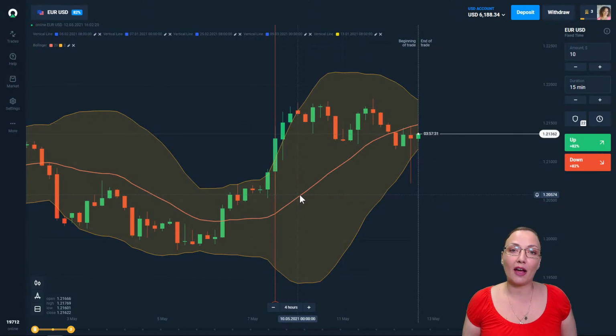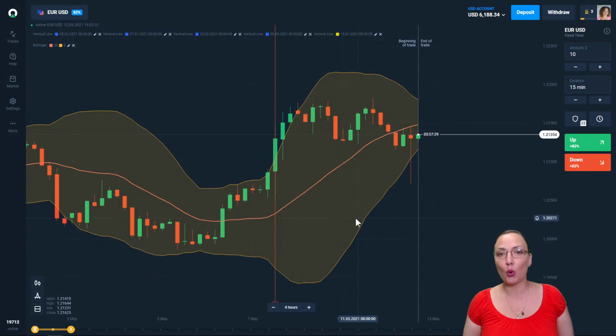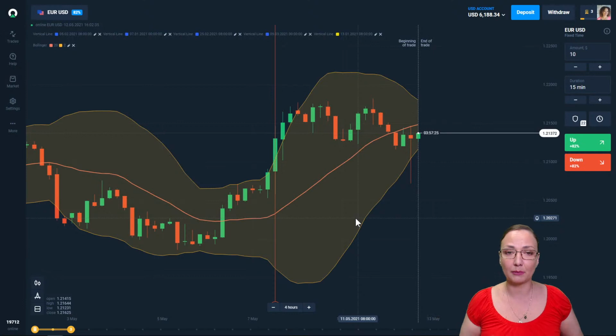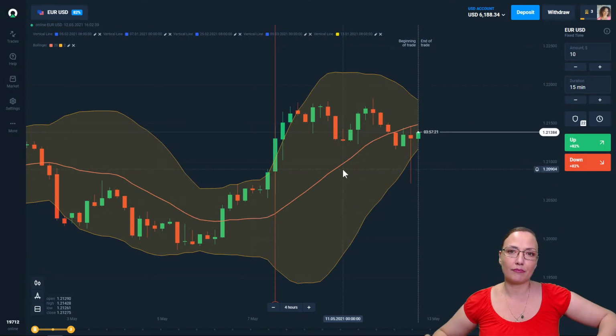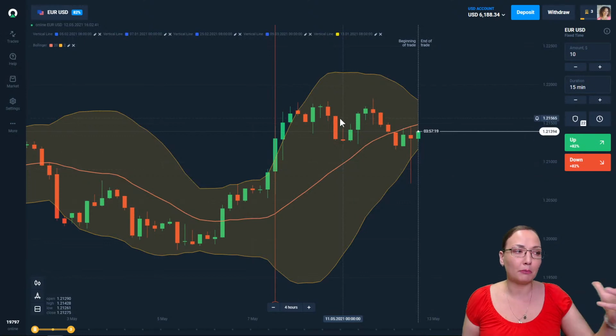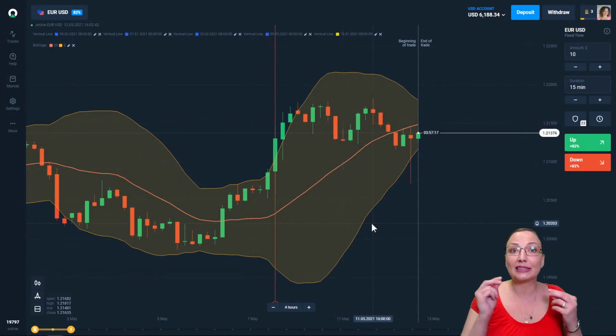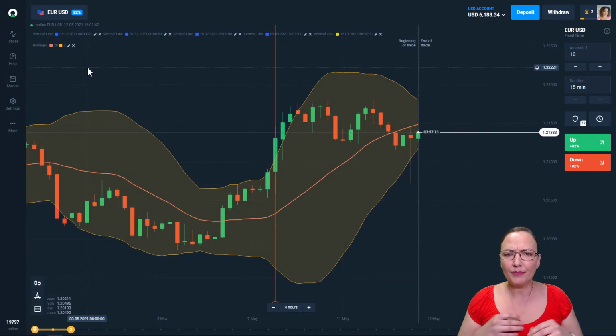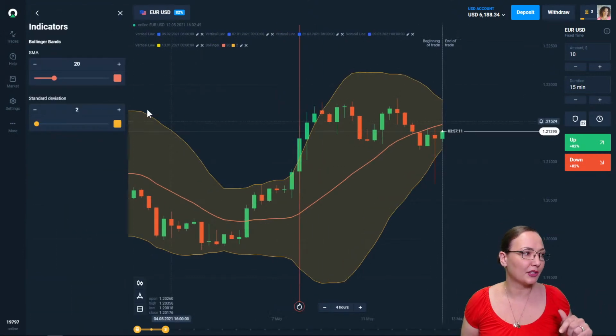We also have the upper and the lower boundary, which are displayed above and below the middle line, the SMA, according to standard deviation. By default, the standard deviation is chosen at 2.